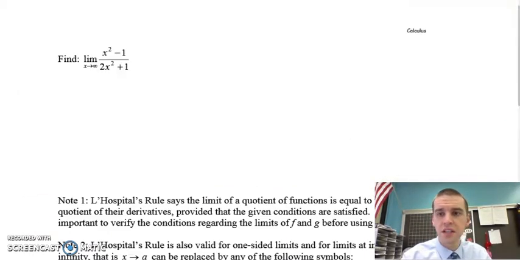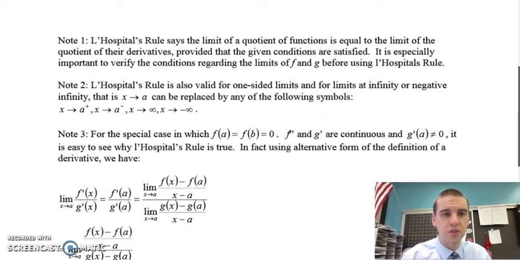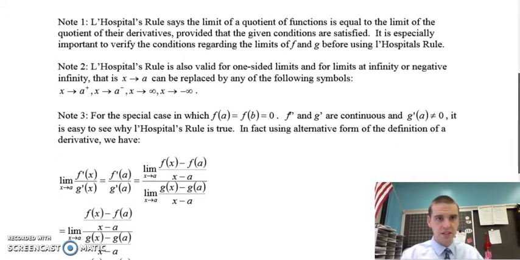So one of the rules for L'Hopital says that the limit of the quotient of the functions is equal to the limit of the quotient of their derivatives, which is what we just talked about, provided that the given conditions are satisfied. It is especially important to verify the conditions regarding f and g, and we'll get to that. It's also available for one-sided limits and for limits that go to infinity and negative infinity.